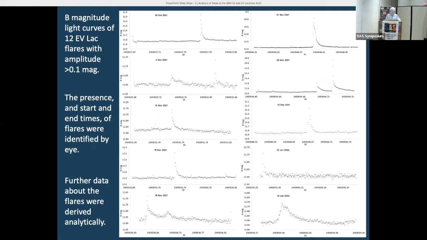And thereby also identify parts of the light curve where there was no activity, which we would describe as the star being in quiescence. Once we'd identified that and documented when the flares started and finished, we could then use that to analytically analyze the rest of the data about the flare.